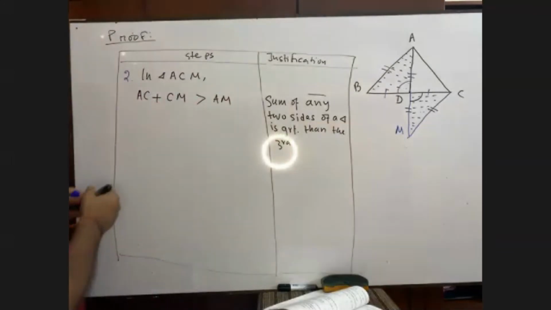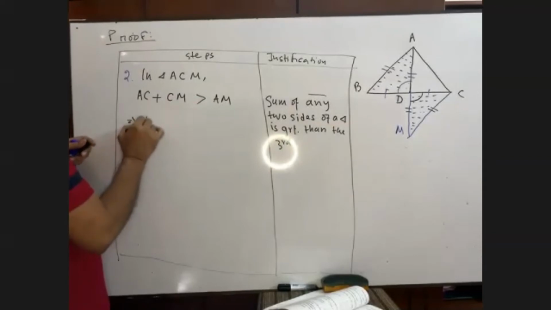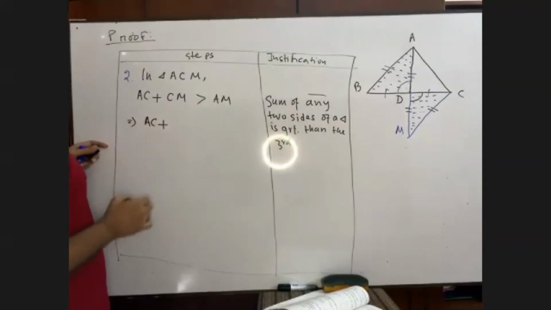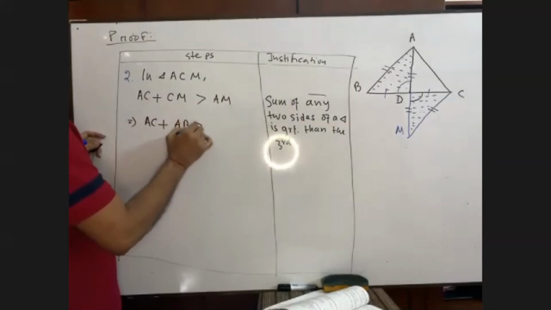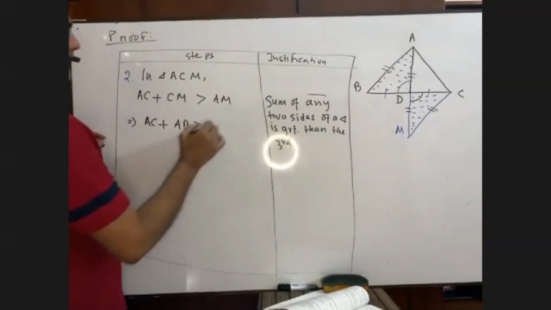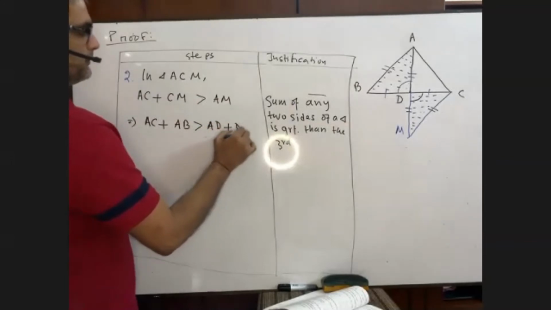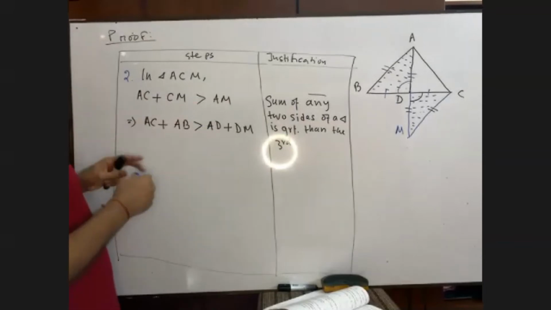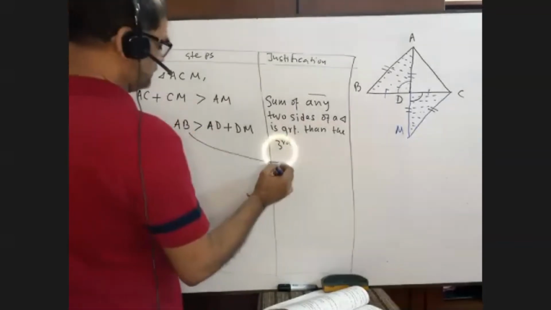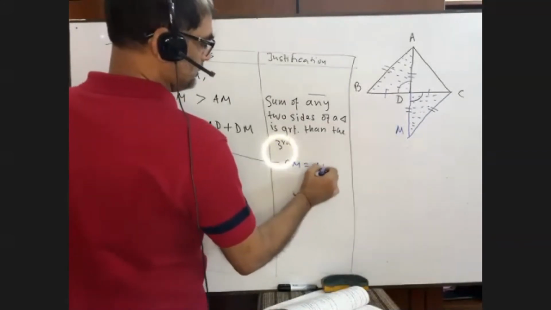Actually, what are you getting? AC is AC. CM is AB. Can you remember? AC plus CM is greater than AM. AM can be written AD plus DM. In step 1, we got CM equals to AB.